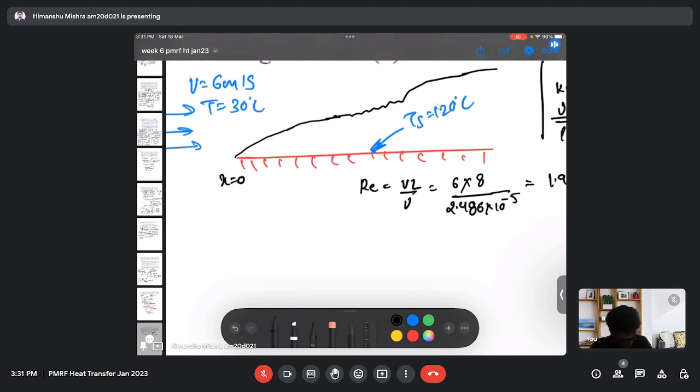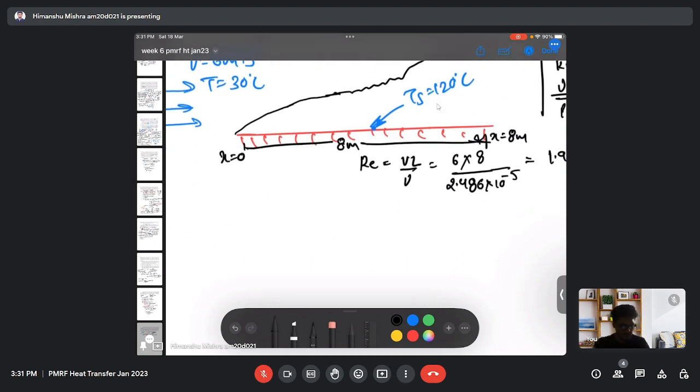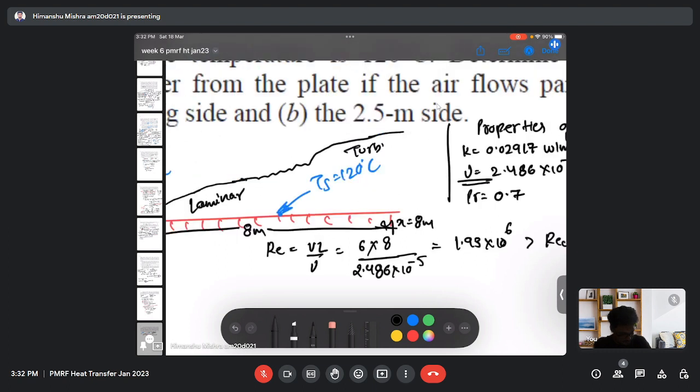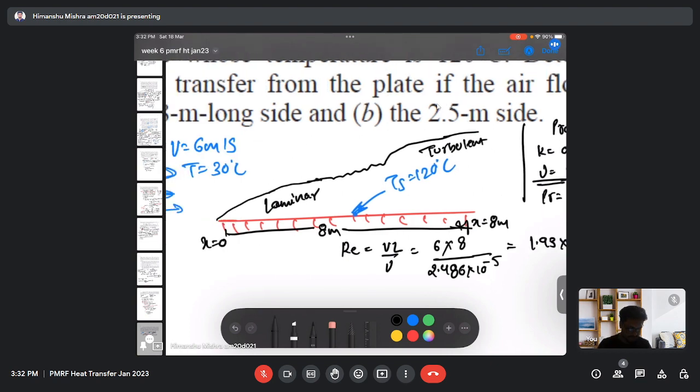This is my x0. So there will be a laminar region as well as turbulent region over this flat plate of length 8 meters.